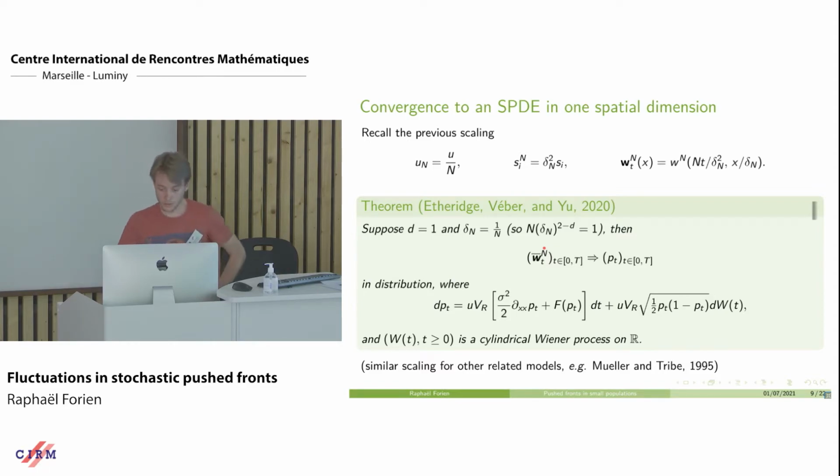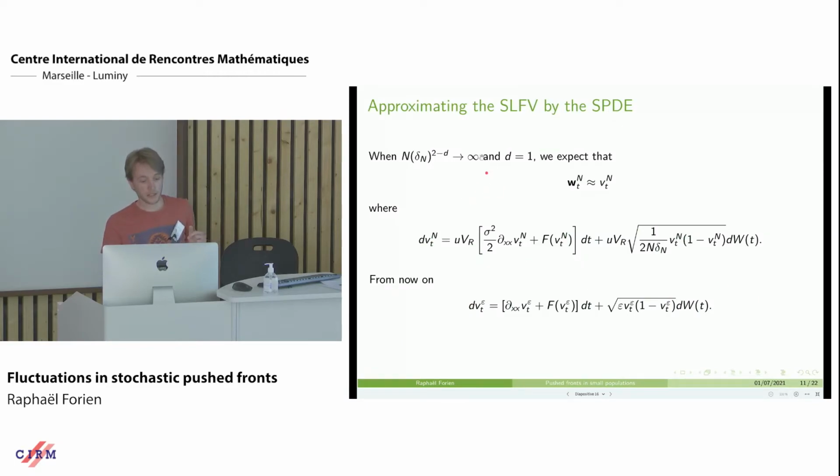So this equation we have some hope of understanding, and in fact we're still not going to understand this equation precisely, but a small noise limit of this equation. So a bit of gymnastics now. Suppose I'm now back in a setting where I converge to the deterministic limit, so this is going to infinity.